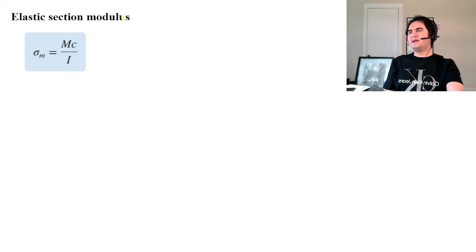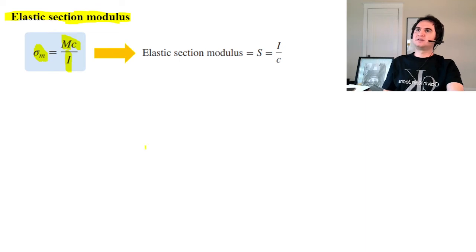Let's go by a new definition of elastic section modulus. Sigma maximum is Mc over I. We learned it today, and elastic section modulus goes by I over c.